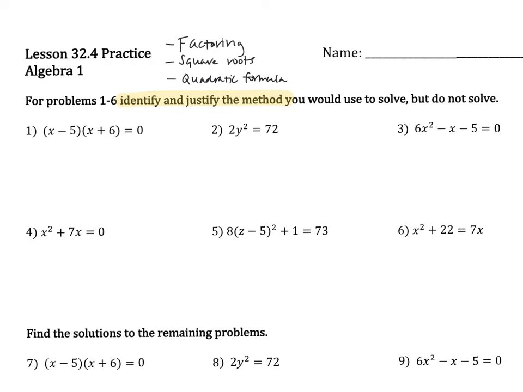It's already in factor form. So it really would be easy to use factoring to solve this. Doing the zero product property so that each of these 2 expressions is set equal to 0 and solving for x from there. So the best way for number 1 would be through factoring. So we're going to say factoring.